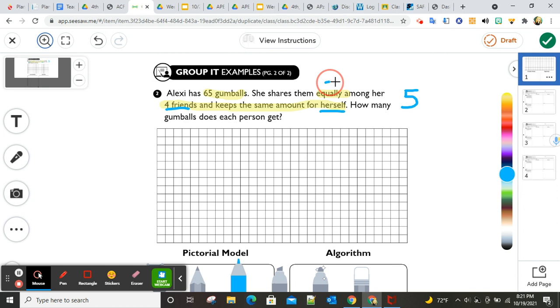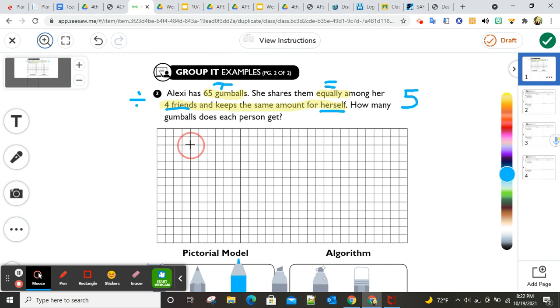I also have equal, so I have equal parts, and I have a total. So that clues me in that I have a division problem. Notice how I marked up my text. This is important because it helps me understand the problem better. So my divisor is 5.